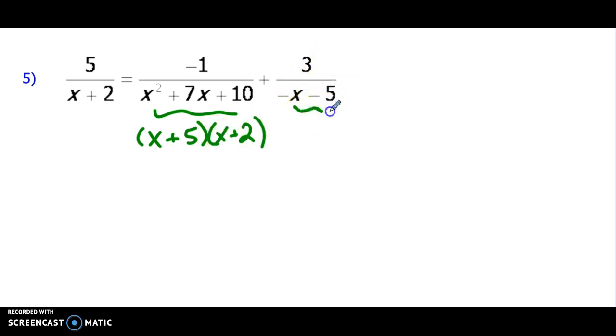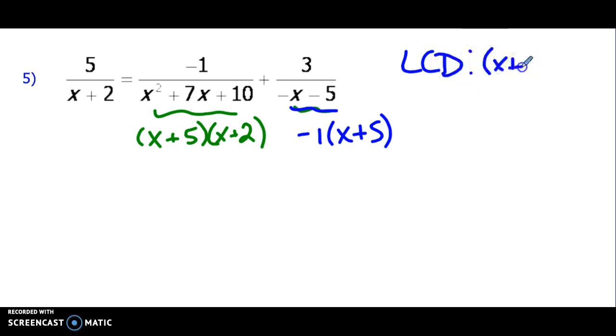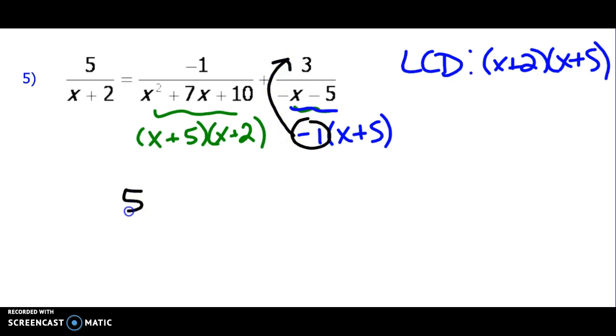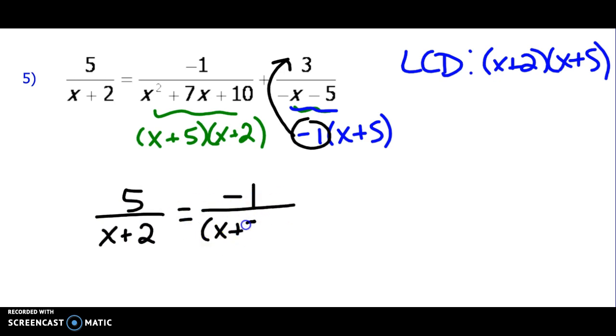So if we just take out a -1 and make this x plus 5, then we can have a least common denominator of x plus 2 and x plus 5. I'm going to move the -1 to the top so we don't have that as a denominator value. So we're going to have 5 over x plus 2 equals -1 over x plus 5, x plus 2.